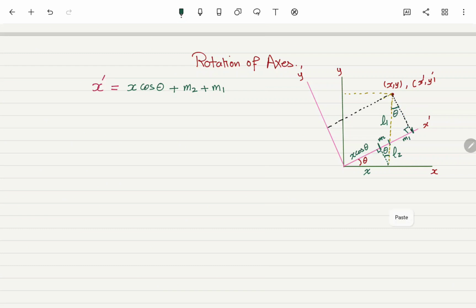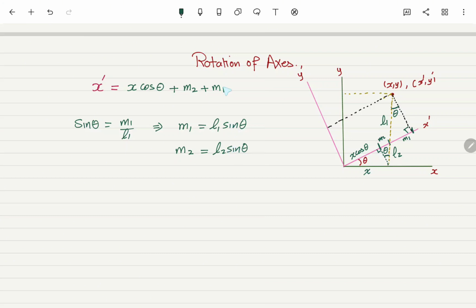So sine theta equal to m1 over L1, or we can say that m1 is equal to L1 sine theta. And if we follow the same procedure, if this is theta here and this is a right angle triangle, m2 will be equal to L2 sine theta.